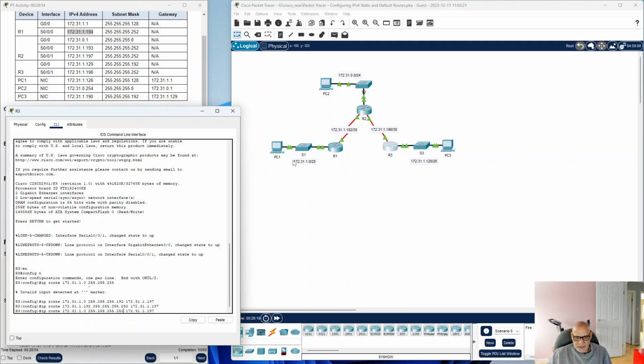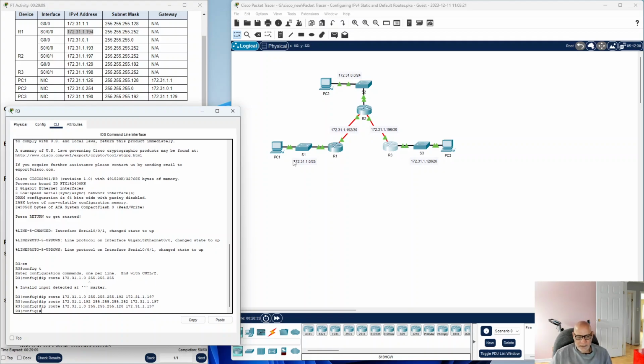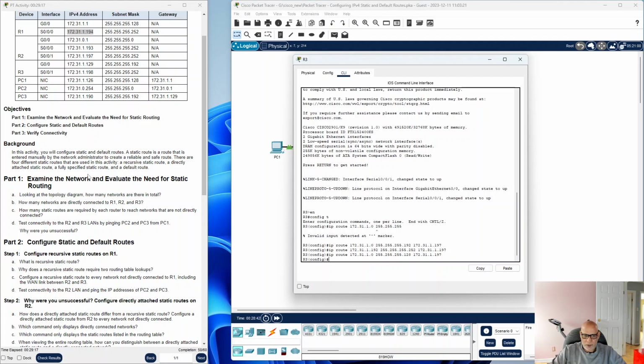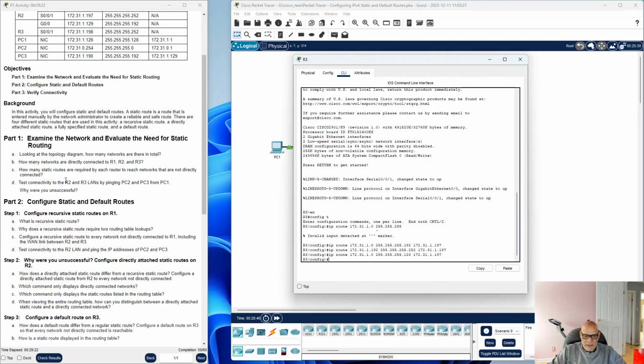Subnet mask is 25-bit, so the subnet mask would be 128. 128. And that's it. Now, we have created the static route on all three routers. Okay.